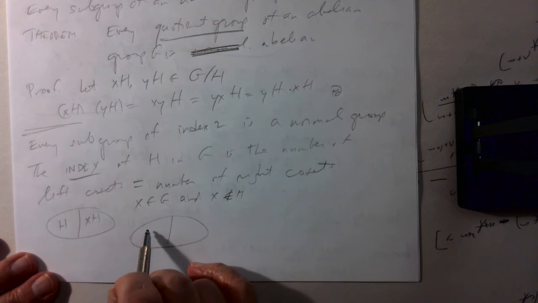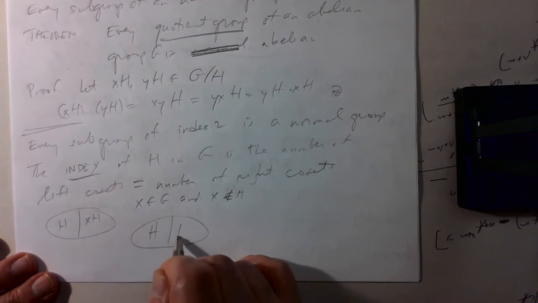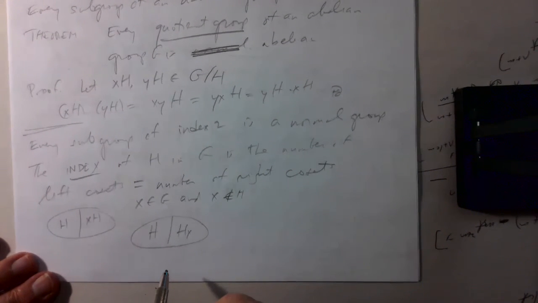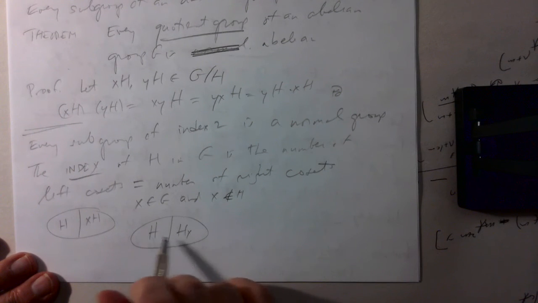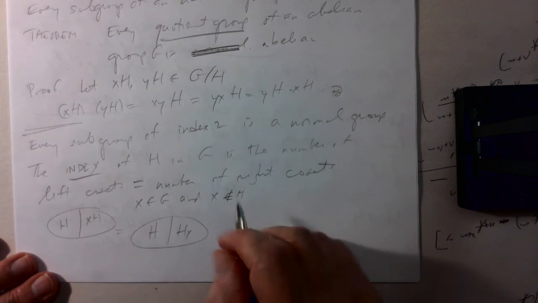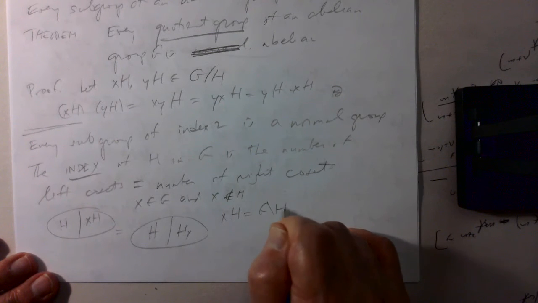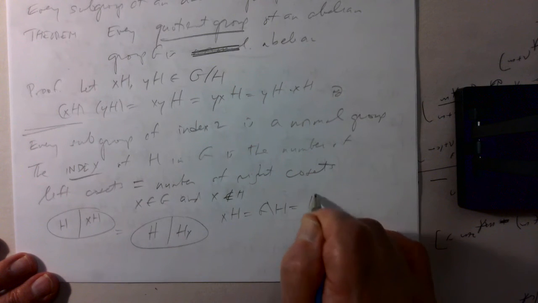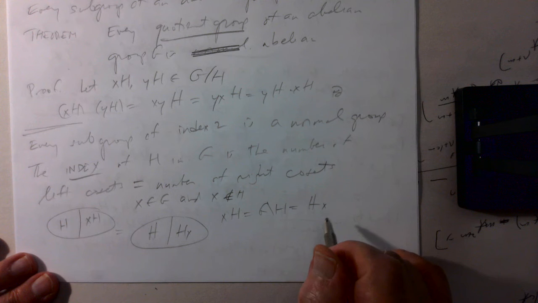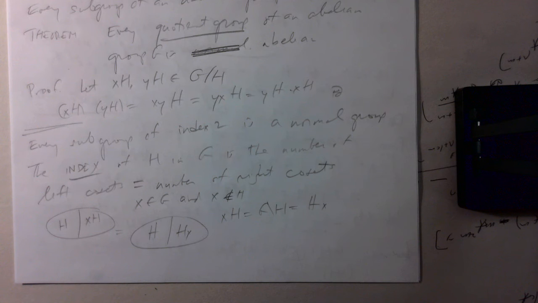But similarly, if I take the right coset Hx, these two are different, and there are only two right cosets. So these are also equal to the group. So the left coset xH is G with H removed, but that's also the same as the right coset Hx. So if you take any subgroup of index 2, that's always a normal subgroup. And the quotient group will have, of course, cardinality 2.